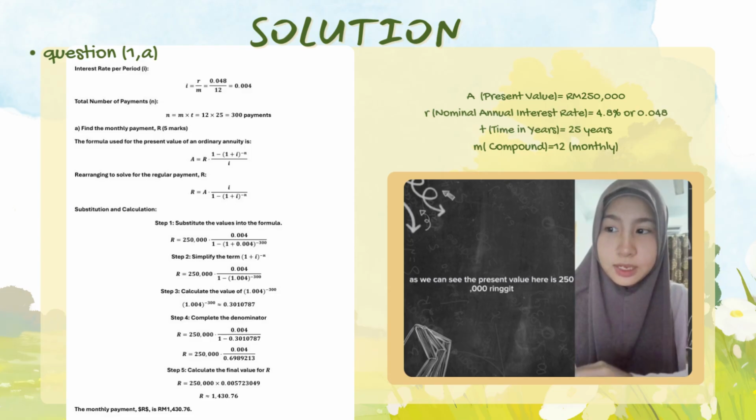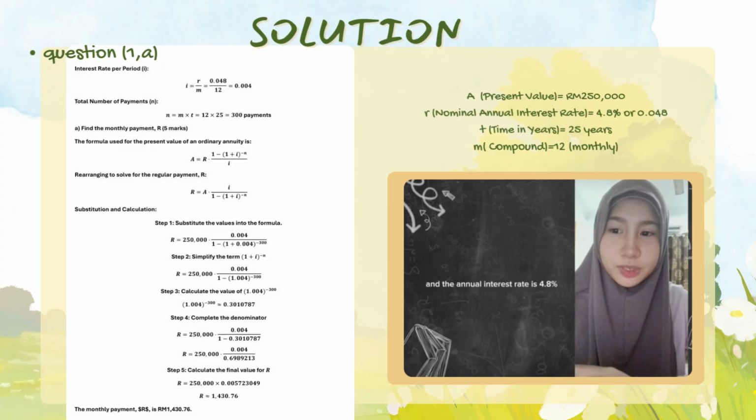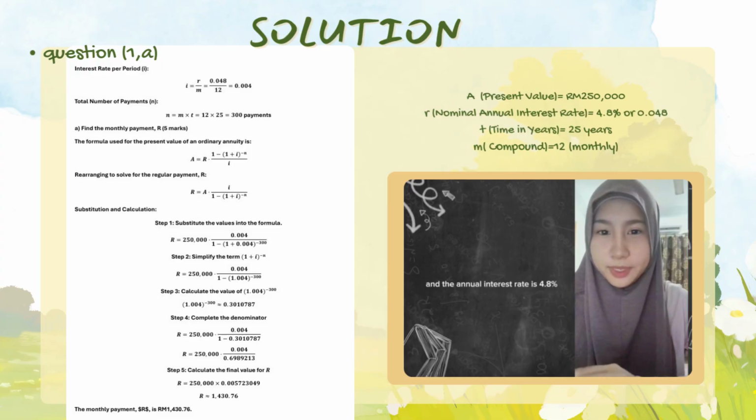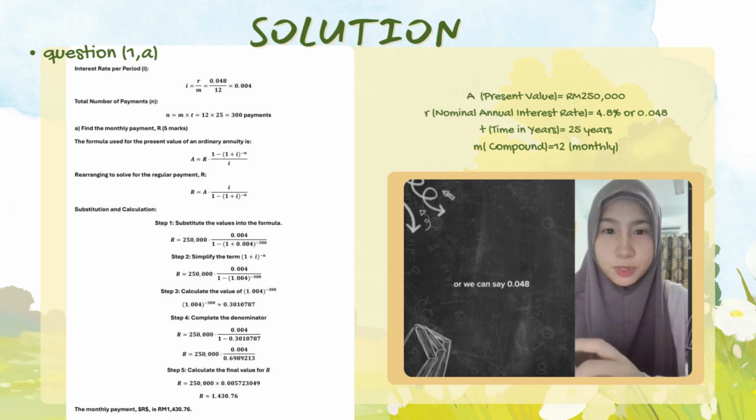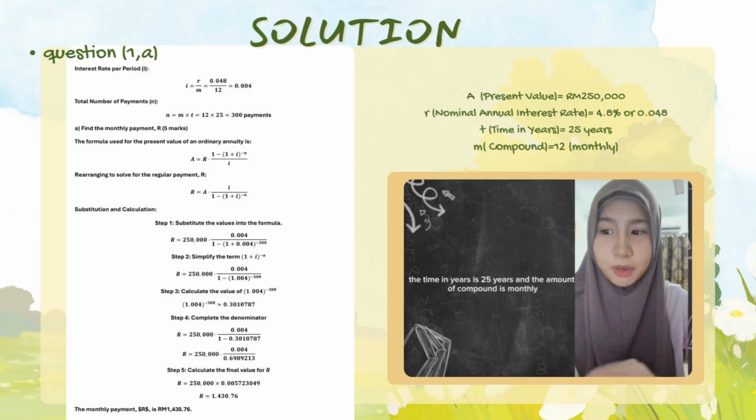As we can see, the present value here is 250,000 ringgit and the annual interest rate is 4.8%, or we can say 0.048. The time in years is 25 years and the compounding is monthly, which is 12.